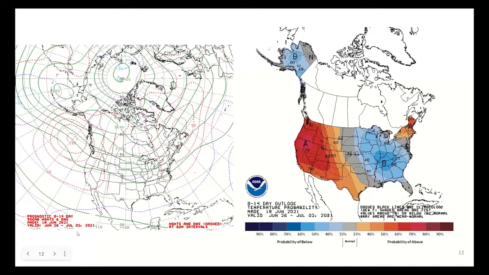For this time of year, late June, beginning of July, it's a very anomalous ridging over the Northeast Pacific and along the West Coast. And to go along with that anomalous ridging, the probabilities for above normal temperatures were quite large, up to 60, 70% over the Western U.S.